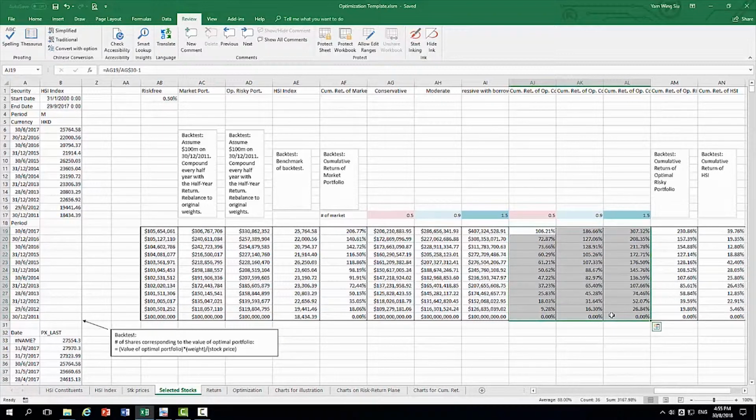But if the aggressive investor cannot borrow, what he can do is to invest in the optimal risky portfolio. And here is the cumulative return of the optimal risky portfolio.